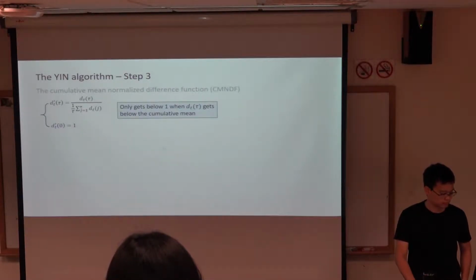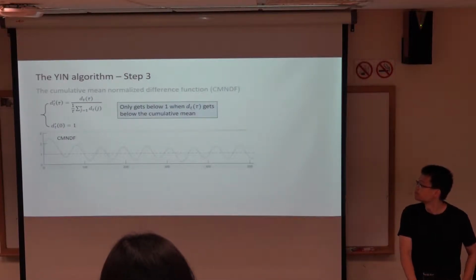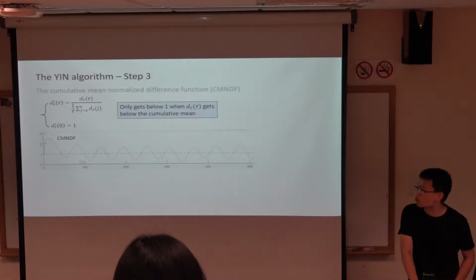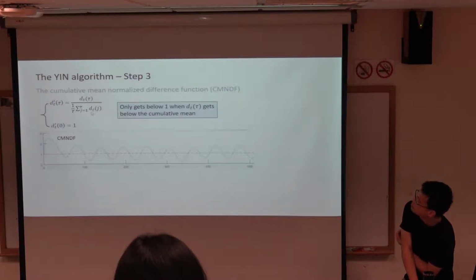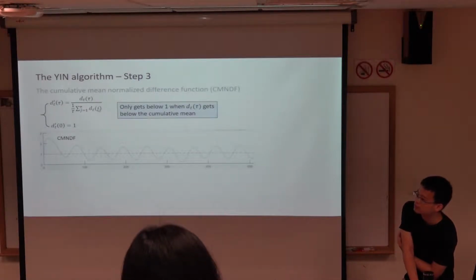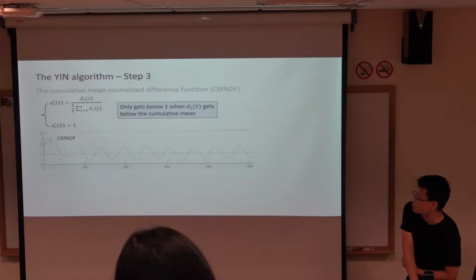Let's look at it. It's like this. It starts from 1, because if you only have one bit here, d1 will always be 1, right? So it starts from 1, and it will only get below 1 here.